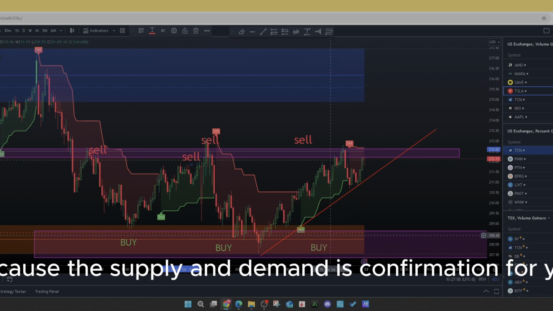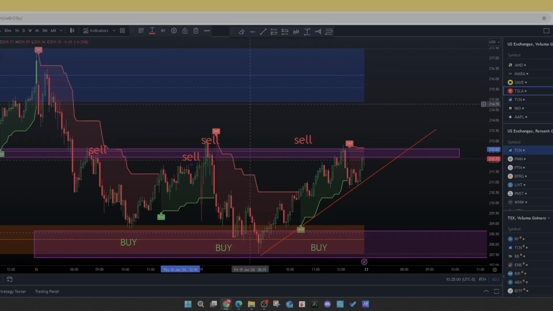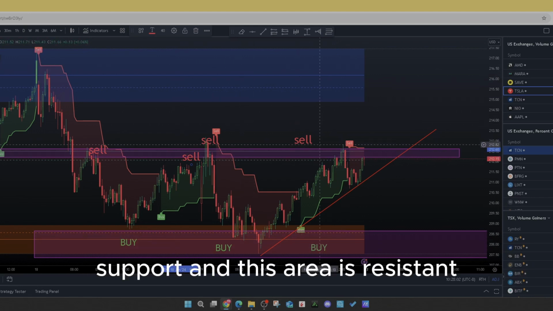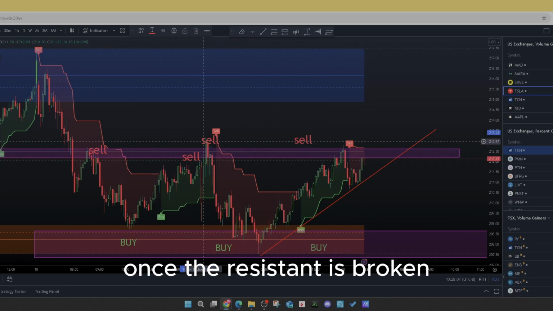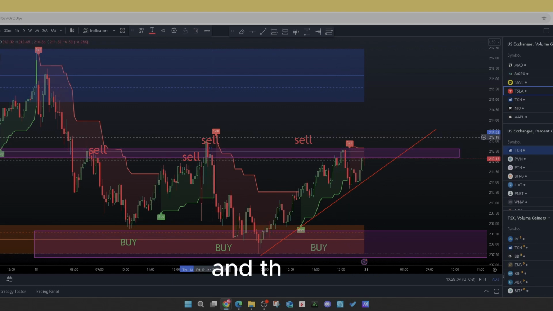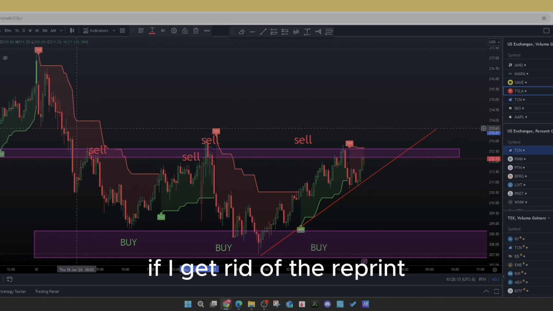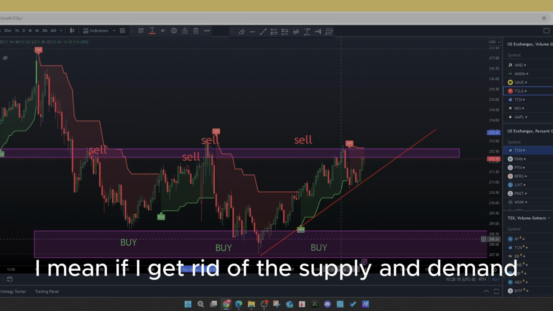This area is really support and this area is resistance, and of course once the resistance is broken it becomes support.